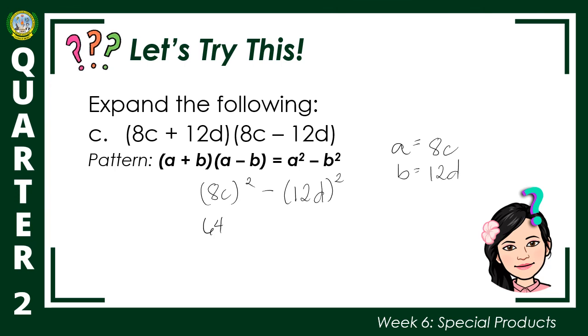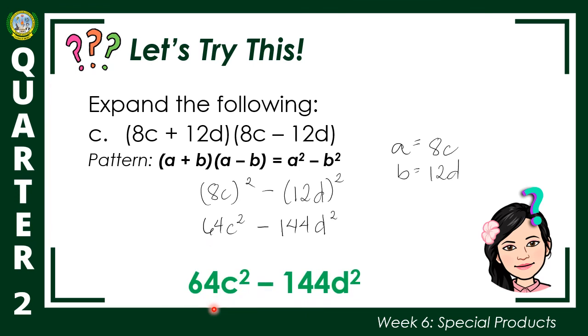C times C is C squared. Minus 12D squared, apply ulit natin yung rule. 12D squared, D squared po yan. 12 times 12 is 144, and D times D, of course, is D squared. Okay, so let's check. Okay, so we got the correct answer.